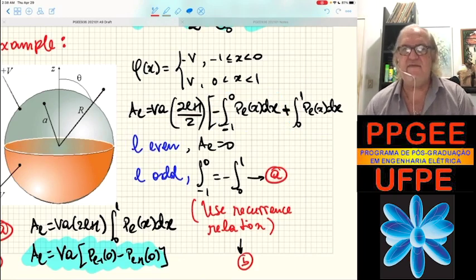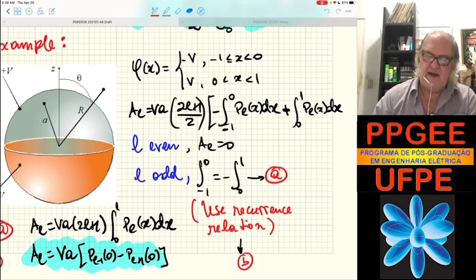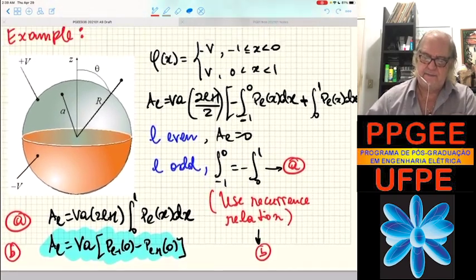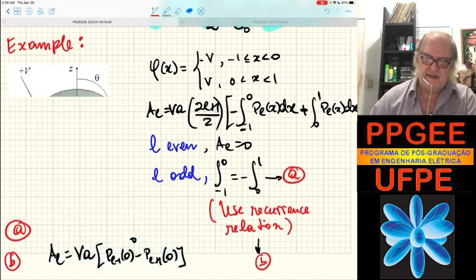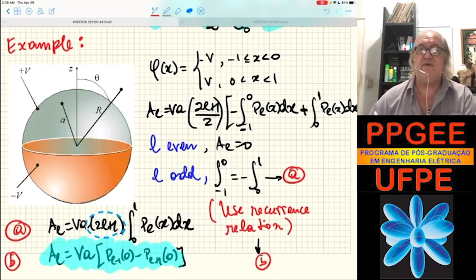So there are no even coefficients. For L odd, this integral is minus the integral from 0 to 1. So we have twice. The 2L plus 1 over 2, the 2 cancels.